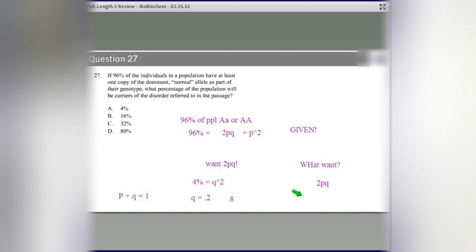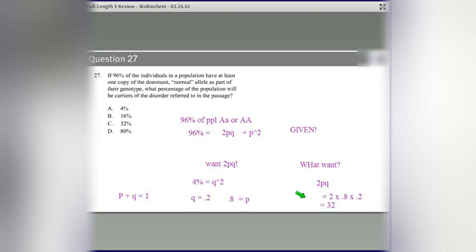If q is equal to 0.2 and p is equal to 0.8, what is our 2pq going to be equal to? Good. It's 2 times 0.8 times 0.2. So that's how we're going to end up with 32 as our answer choice.